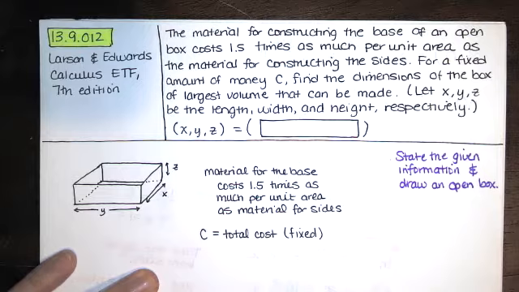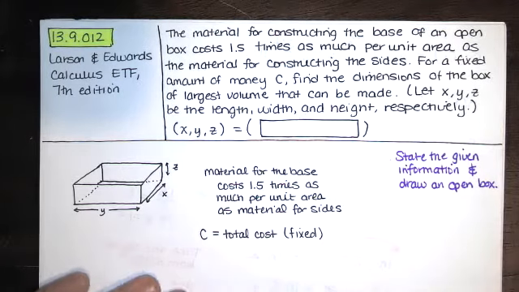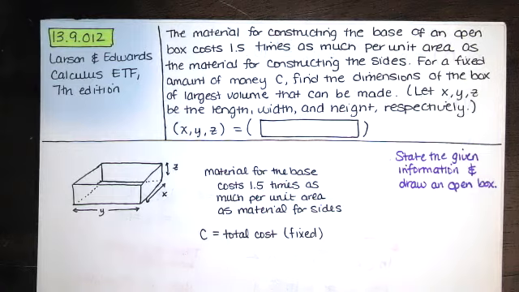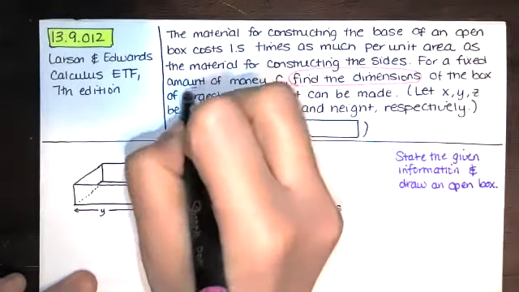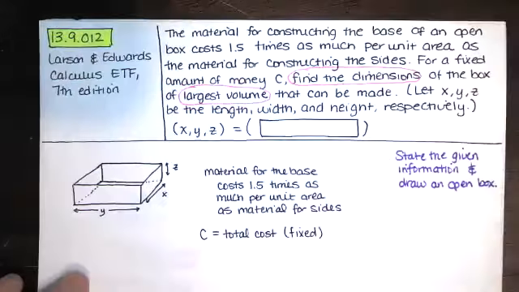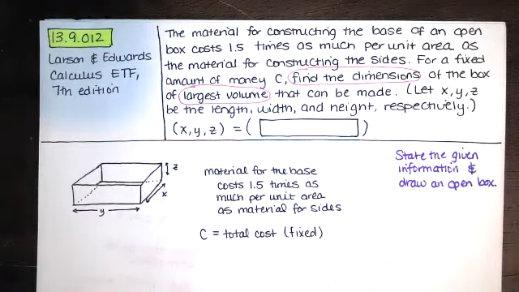We're asked to find the dimensions of the box of largest volume that can be made. So we want to find dimensions. And what are we doing? We're optimizing volume. As soon as I see that word largest, that tells me what function it is I'm optimizing.